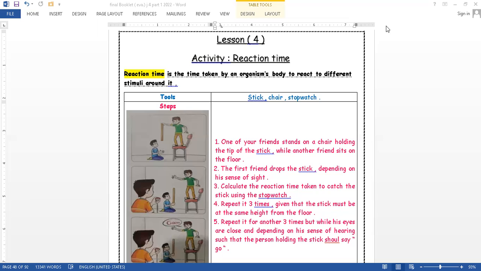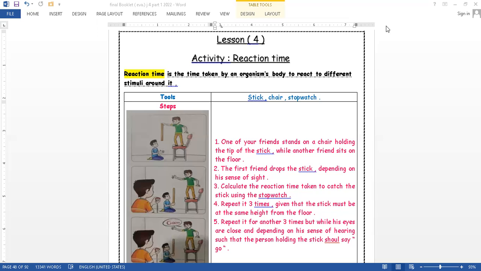After that, they repeat this action several times, for example 3 times, and record the time taken each time to catch the stick.